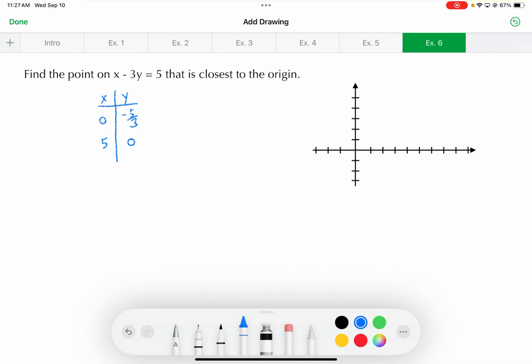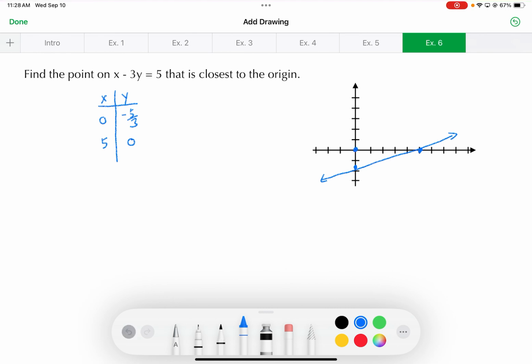Okay, so let's plot those. I don't need it to be a super accurate drawing, we just want to visualize. Okay, so we're trying to find a point on this line that's closest to the origin.